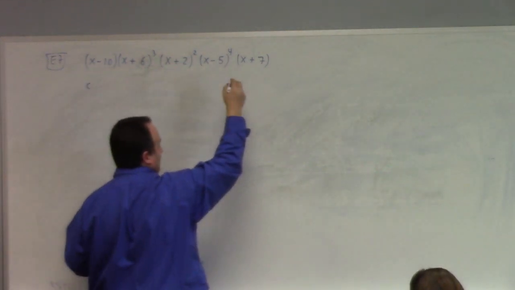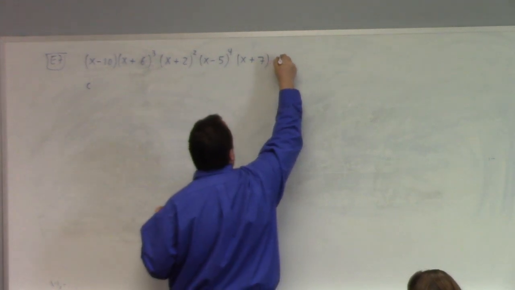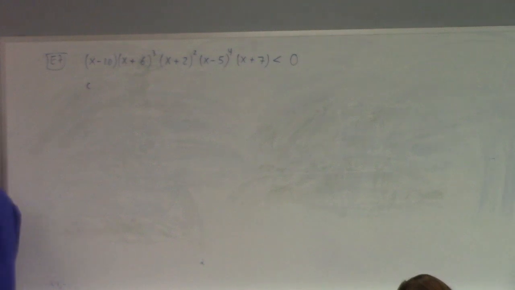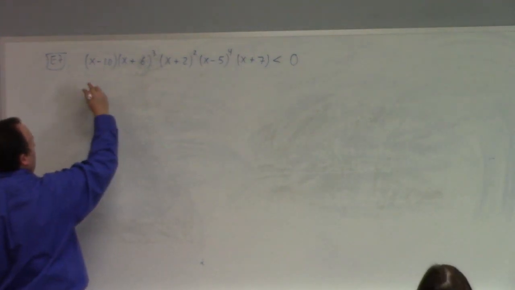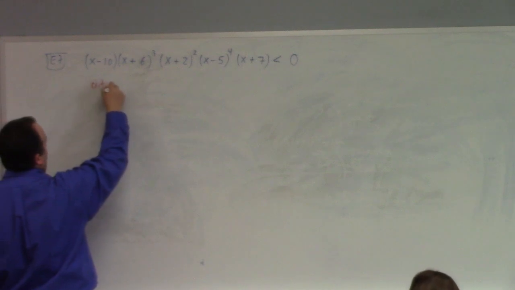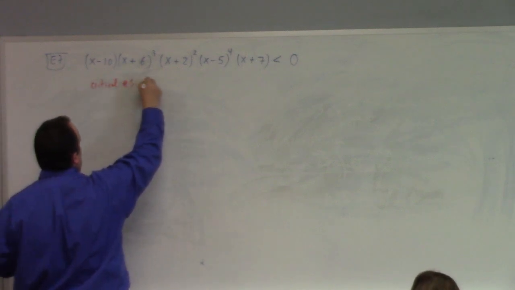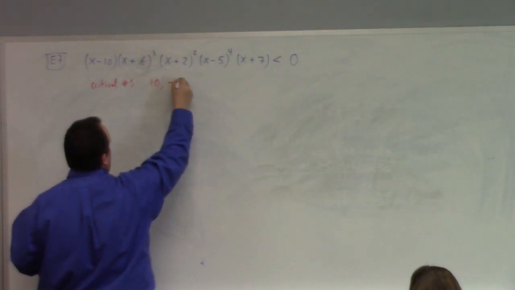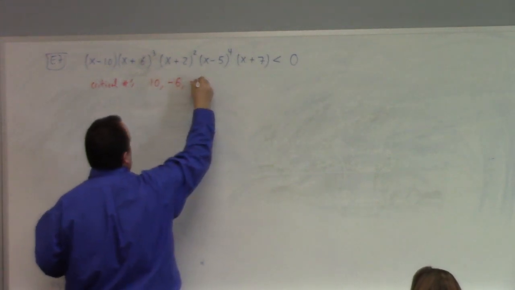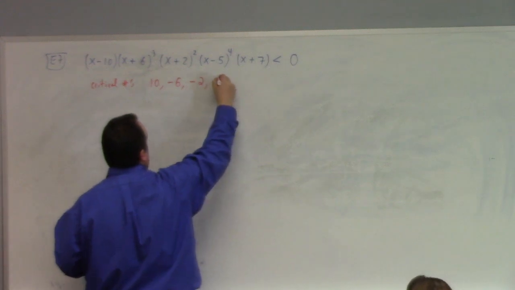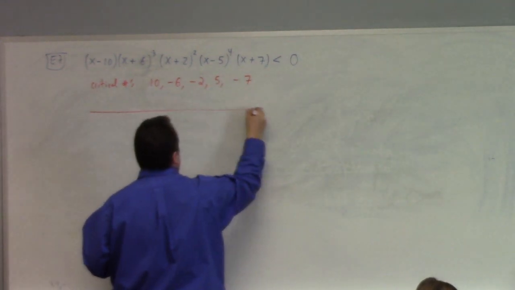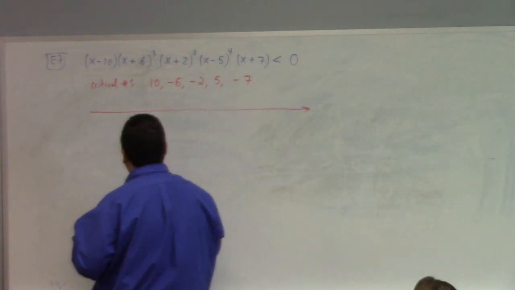And I want to solve this as, let's say, where this is less than 0, okay? So what are my critical numbers for this one? I got a 10. What else you got? Negative 6. Negative 2. 5. Negative 7, right? Now I need to put those in order.